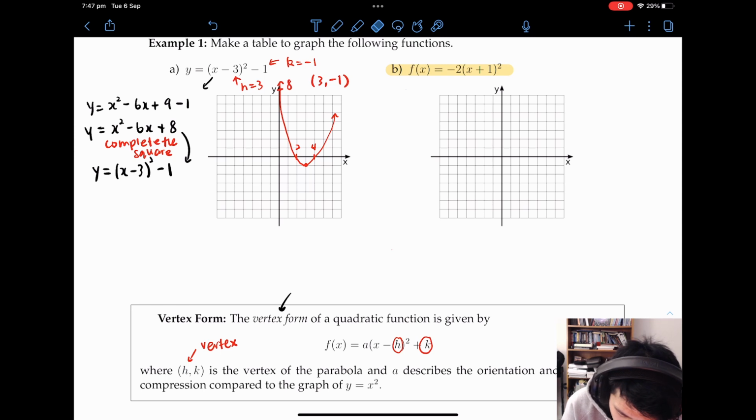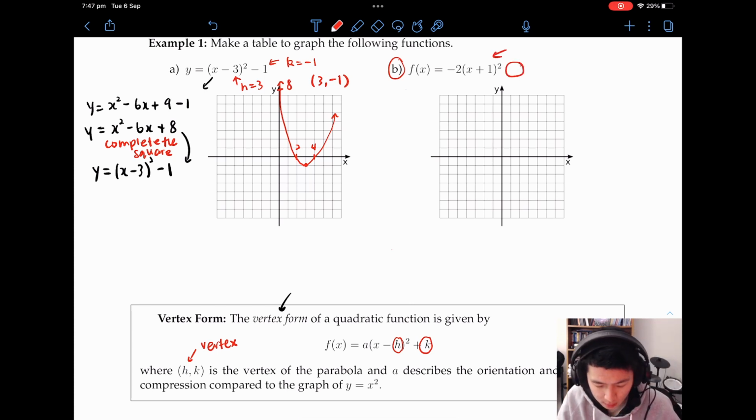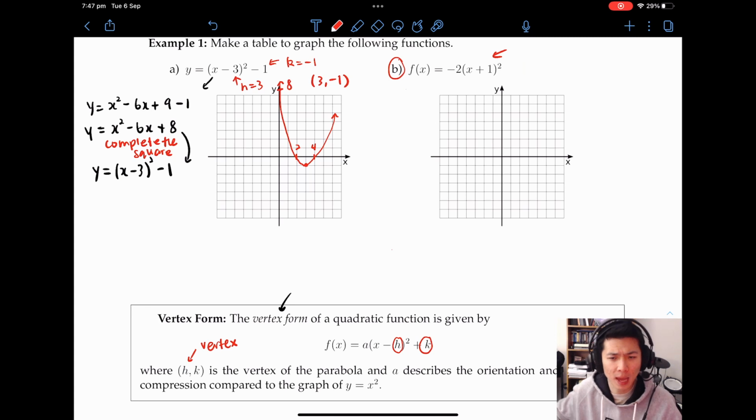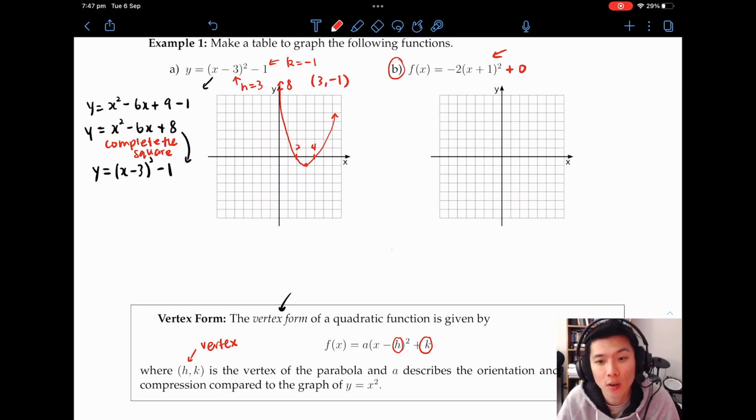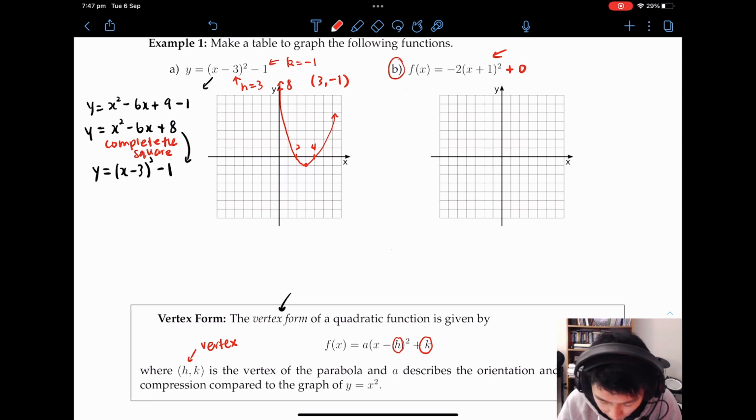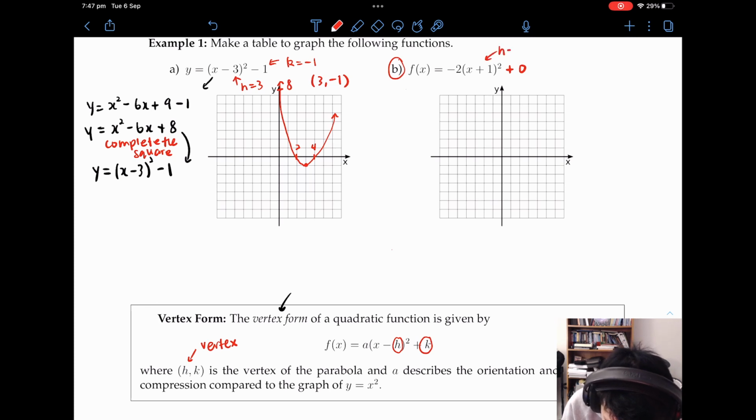So let's have a look at the graph here. You'll notice here that there's no k value. There's no number, like plus k, there's nothing there. What that means is the vertex has a y value of 0. But what is the x value of the vertex? Now we've got to be careful, because we've got x plus 1 in the bracket here, which means that the vertex, or in other words, h, is equal to -1.